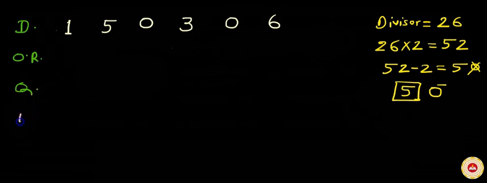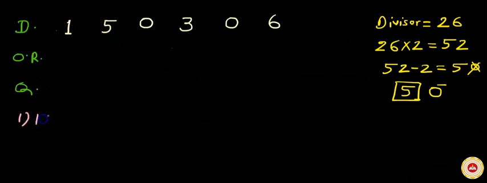So friends, step number 1. Let us start the osculation process from the left side. Consider the first digit, the leftmost digit, which is 1. The negative osculator 5 is greater than 1, so we cannot divide this 1. So let us join the next digit, which is 5, to this 1. Now we have 15.